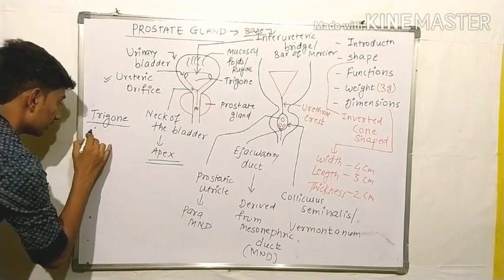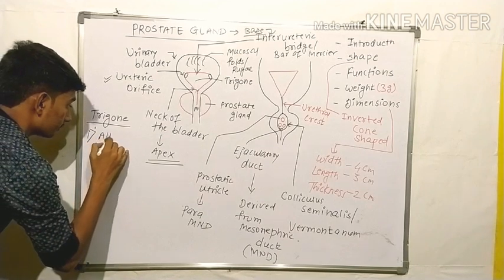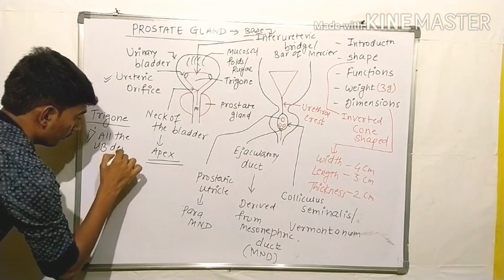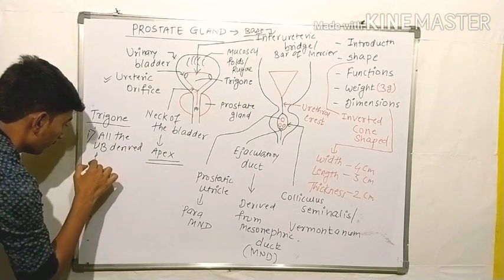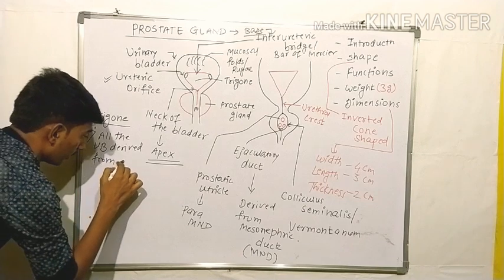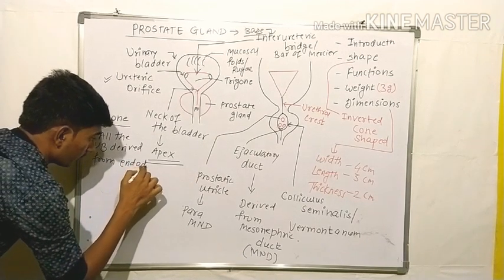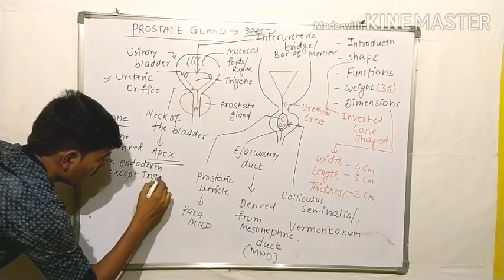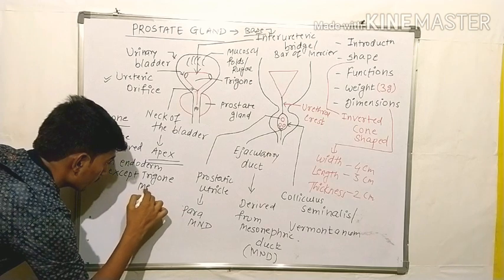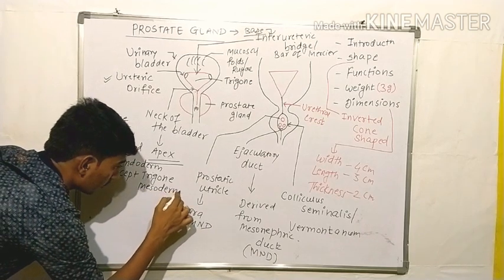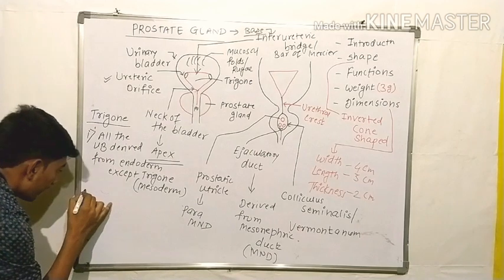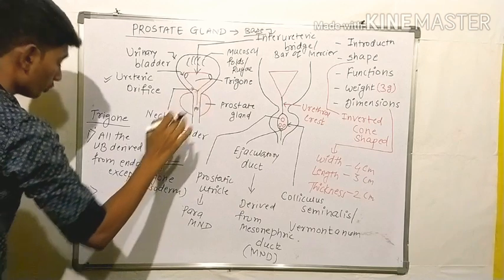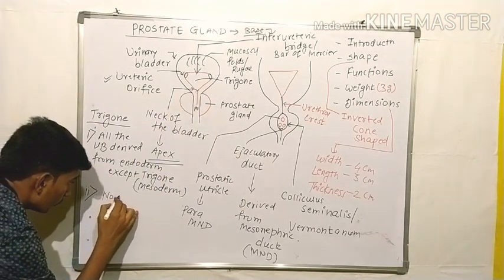First point is all the urinary bladder is derived from endoderm, except trigone, and this trigone is mesodermal in origin.